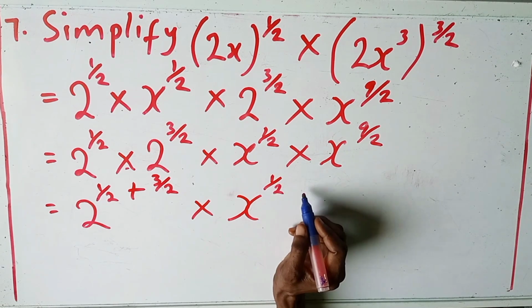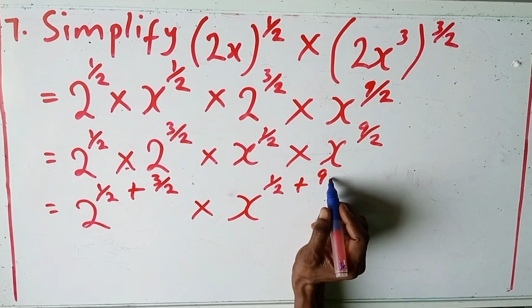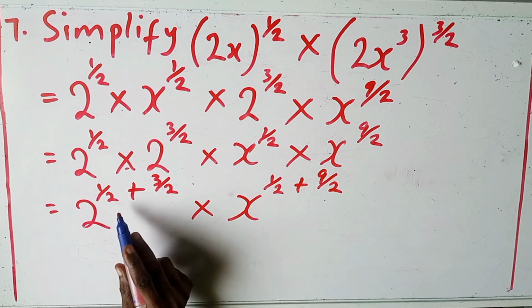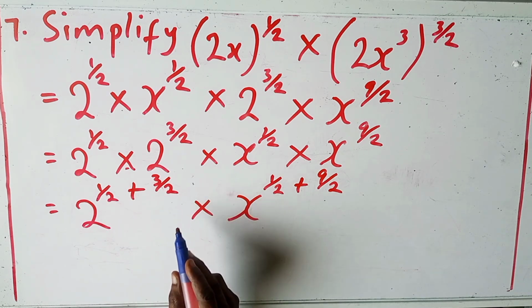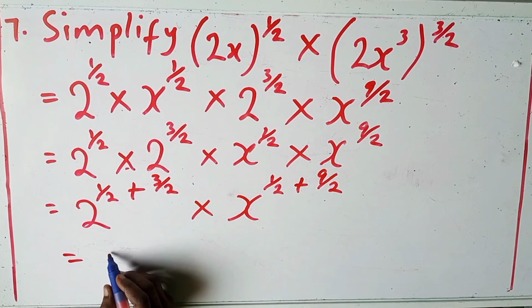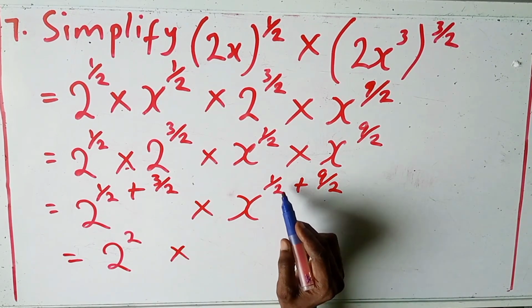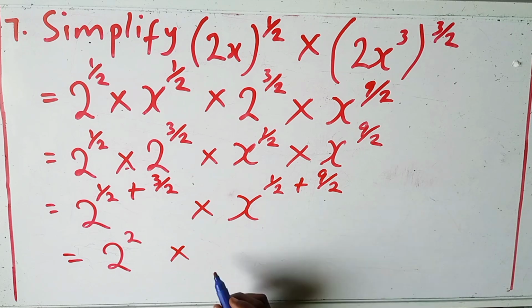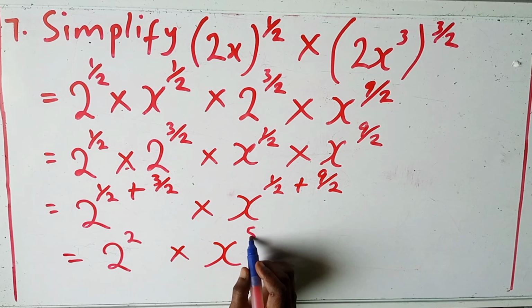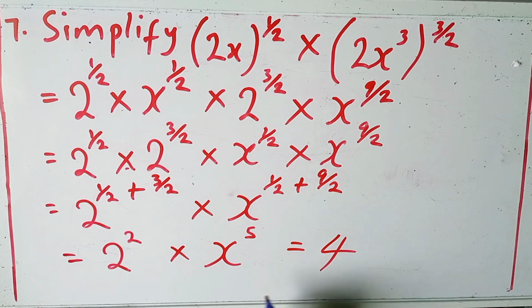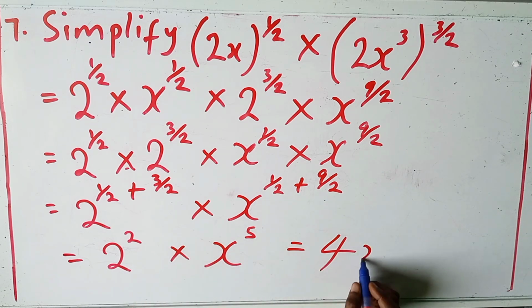So we simplify 1 over 2 plus 3 over 2, and we got 2. So our answer will be 2 raised to power 2 multiplied by, when we simplify 1 over 2 plus 9 over 2, we got 5. So that's how we got this answer. And 2 raised to power 2 is equal to 4, multiplied by x raised to power 5.